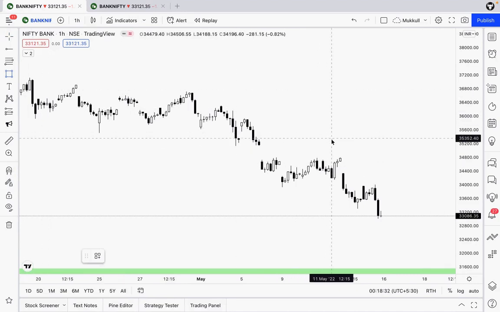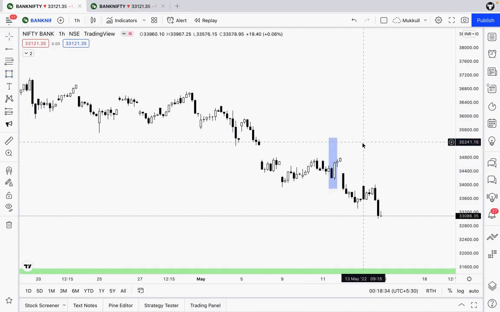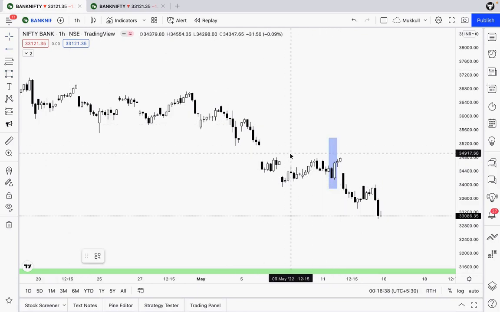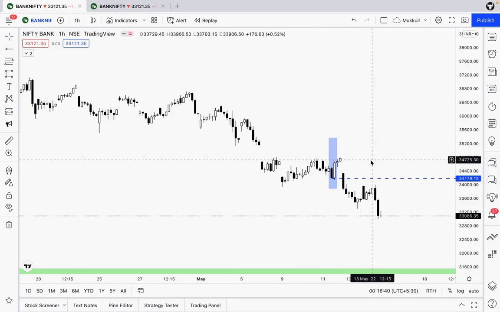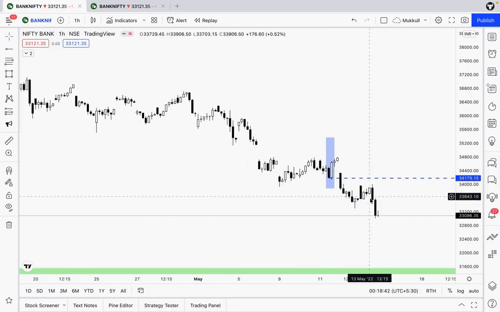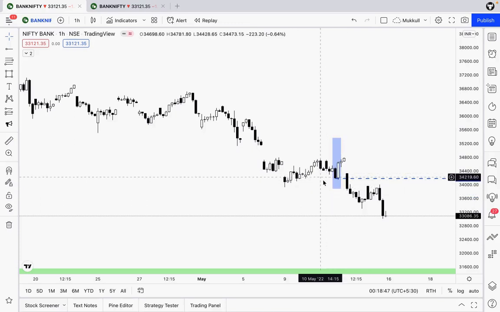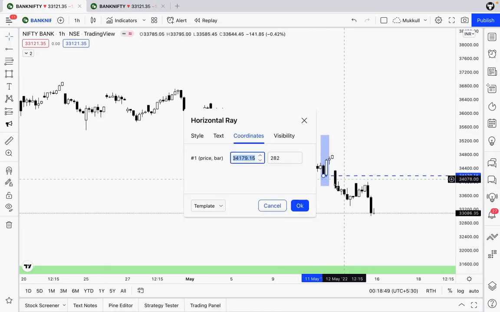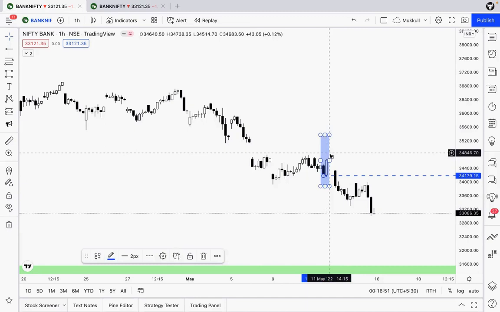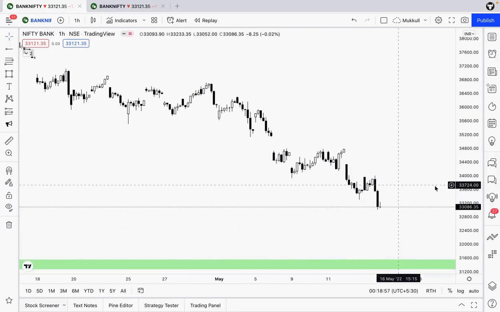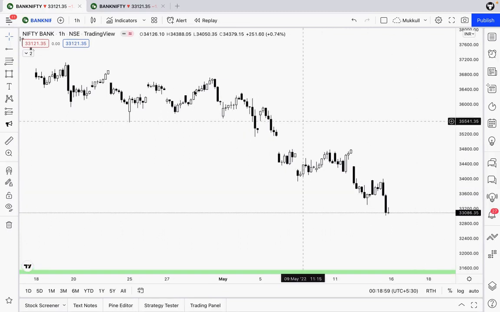Look, an outside reversal taken down by a gap down, then again we go down. Similar structure. So what can we expect now? Both Bank Nifty and Nifty are following almost a similar track pattern.